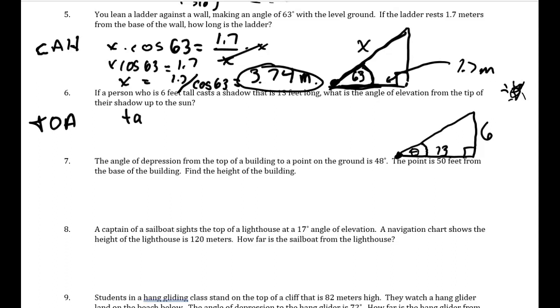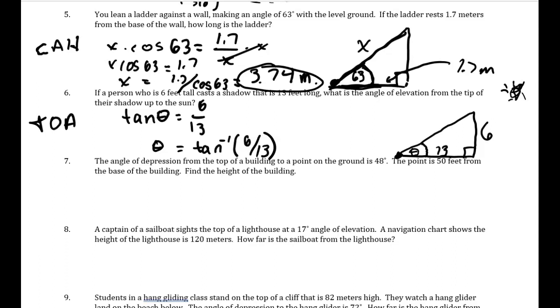So tangent of this angle, which we don't know, is the opposite side of 6 divided by the adjacent side of 13. Solving for the angle requires us to do that second tangent, the tangent to the -1 key, 6 divided by 13.